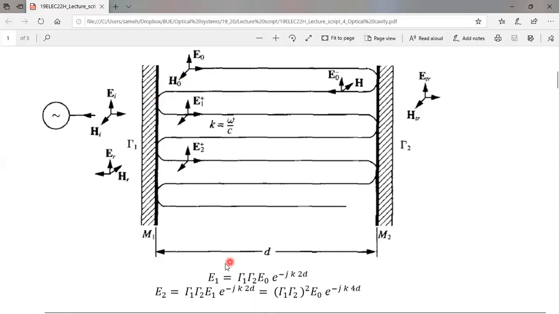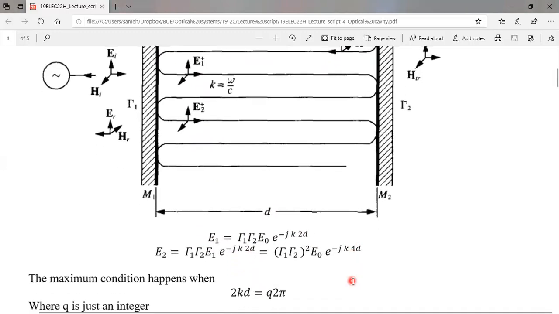After one trip, E1, which is the electromagnetic field after one trip, is simply equal to gamma 1 gamma 2, the reflections at the first and the second border, multiplied by the incident field, multiplied by the distance propagated, which is e power minus j k 2d. When I go to E2, which is the second trip, it is simply the first trip multiplied again by gamma 1 gamma 2 e power minus j k 2d, or simply gamma 1 gamma 2 squared, E node, e power minus j k 4d, and so on.